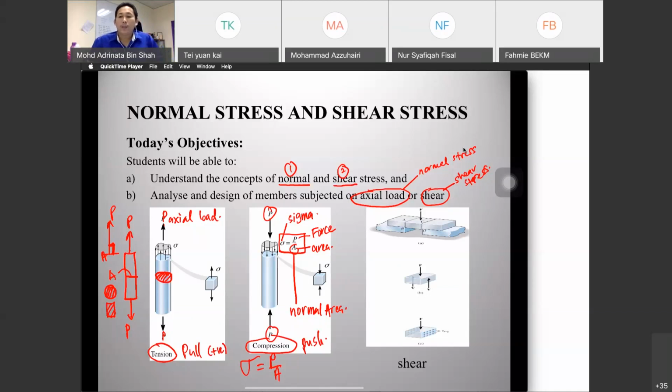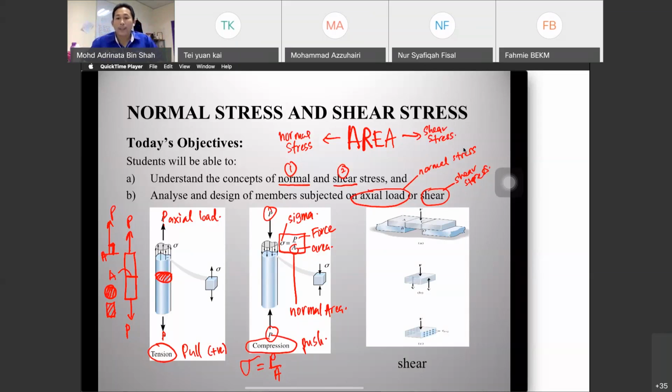For this chapter, the keyword is you need to understand the area. You need to know the area for normal stress. This is the tricky part, or the area for shear stress.